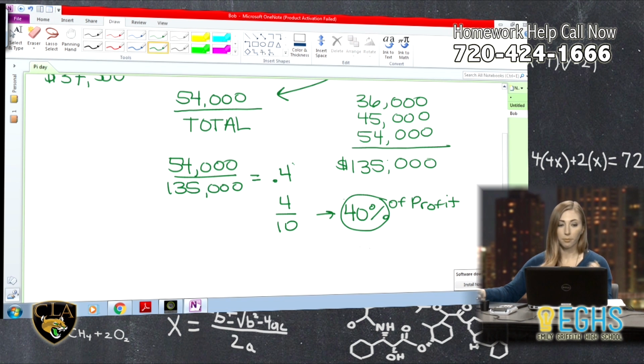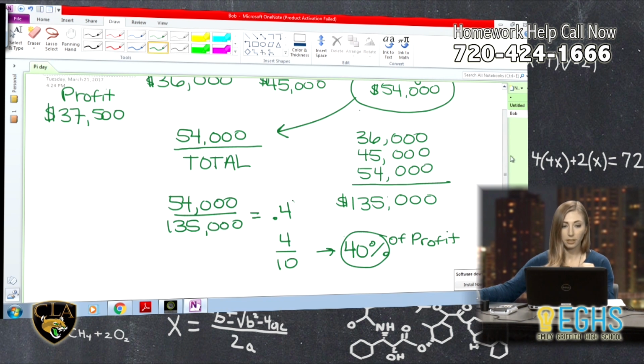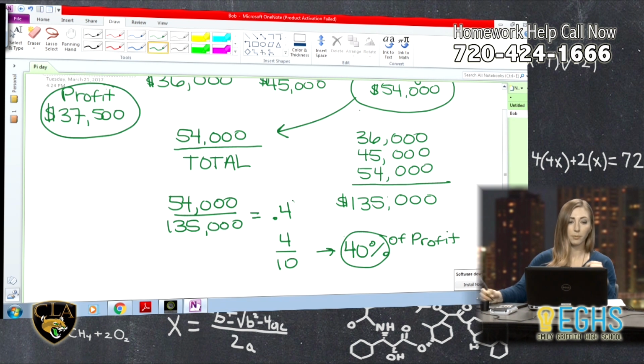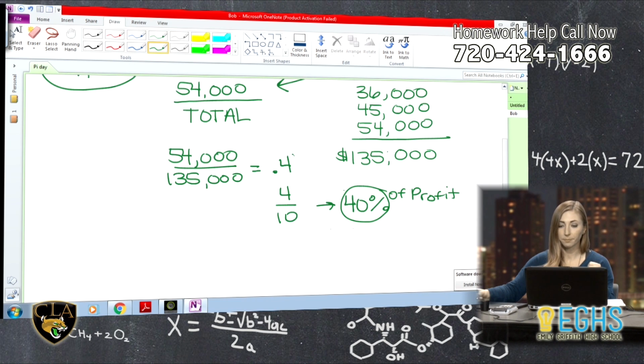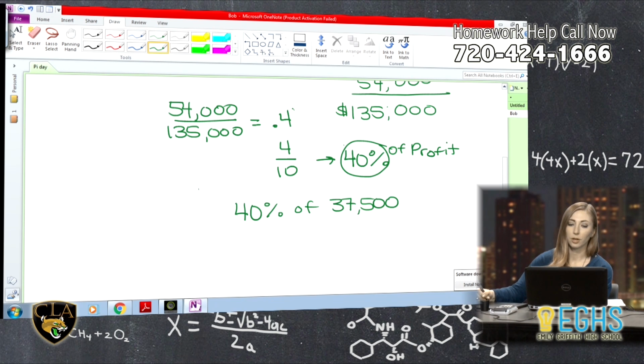which the profit, back up here, was told to us in that word problem, and it's 37,500. So we're essentially trying to find what 40% of 37,500 is. Now, I could get into a bit about percents and what percent means.